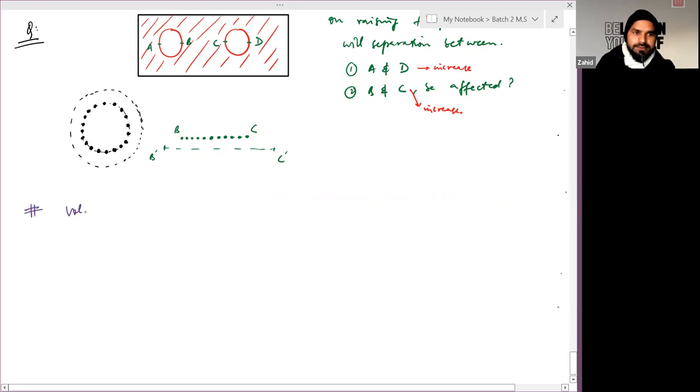Next is volumetric or cubical expansion.